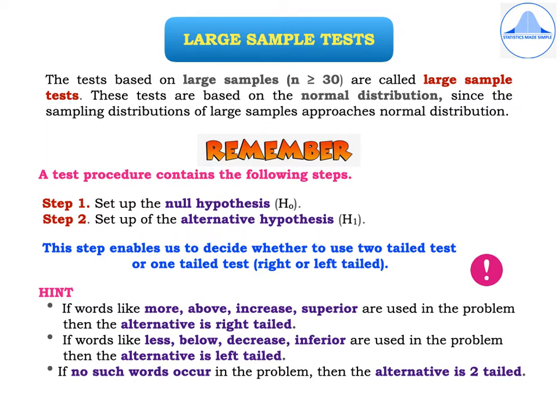If words like more, above, increase, sometimes even the word like superior are used in the problem, then the alternative is right-tailed. If words like less, below, decrease, inferior are used in the problem, then the alternative is left-tailed. If no such words are occurring in the problem, then the alternative which we are going to use is two-tailed.